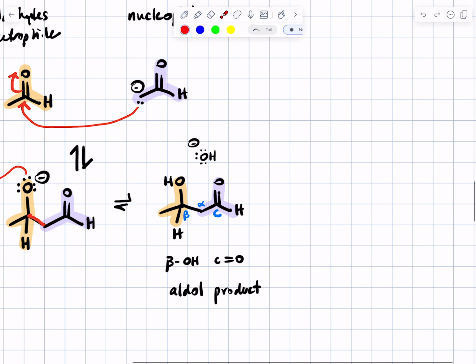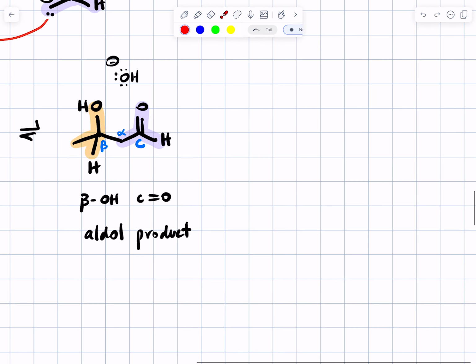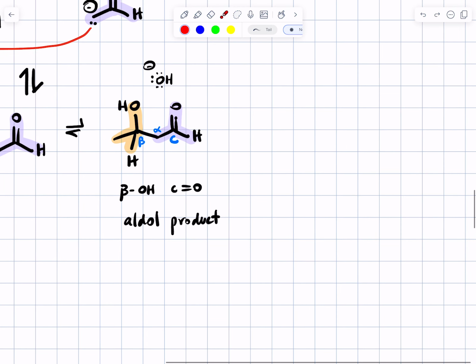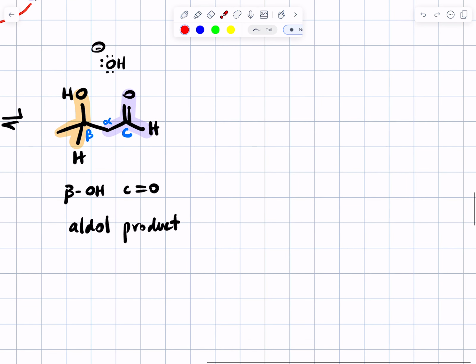Okay, so experimentally it's observed that sometimes instead of the beta hydroxy aldehyde product, you get a dehydrated version.